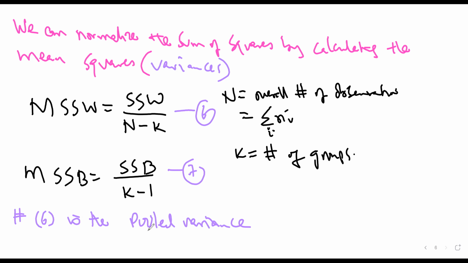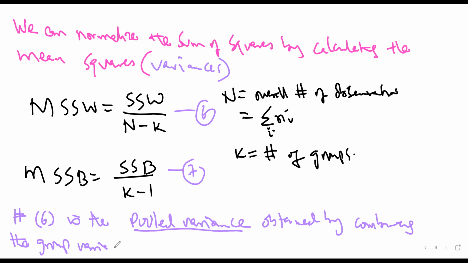The pooled variance that we are used to is obtained by combining the group variances, and is therefore an estimate of sigma, you can say even sigma squared.